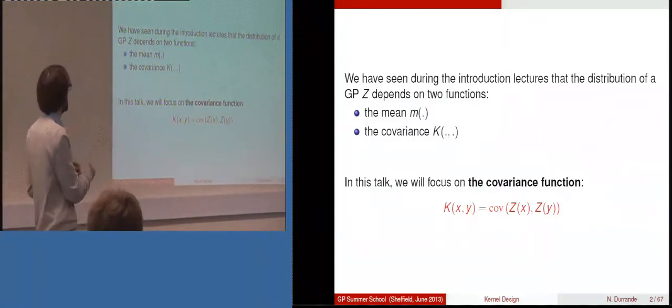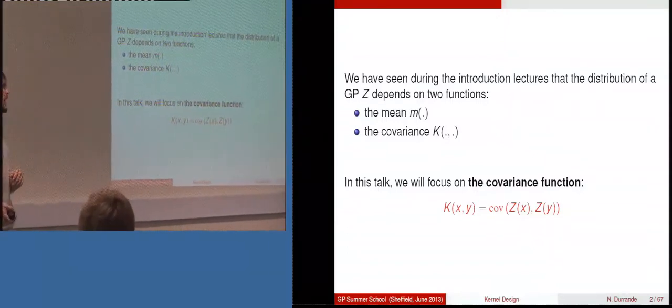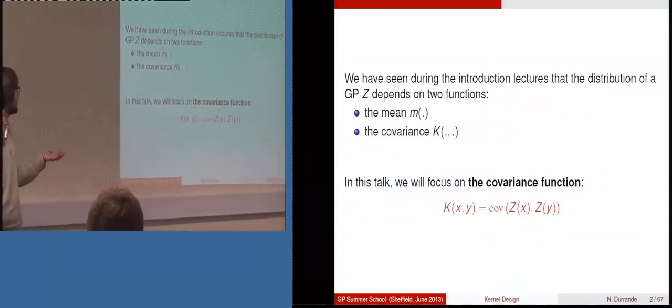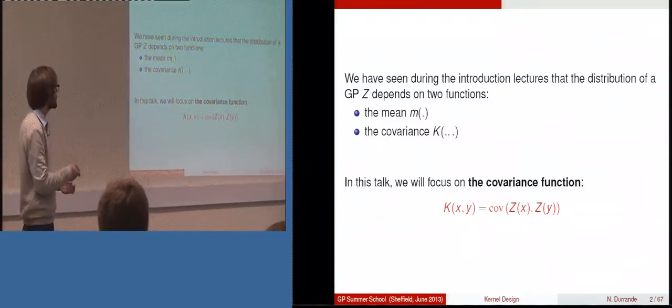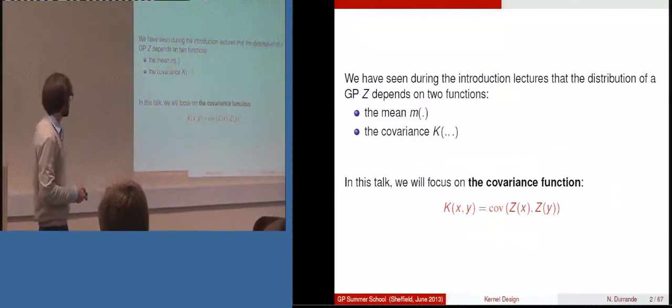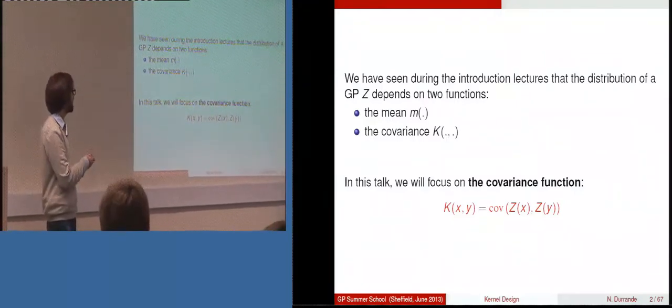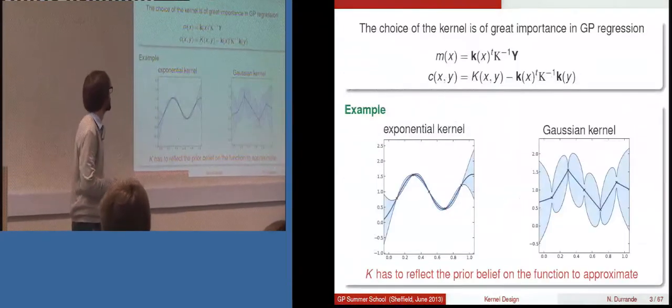So there's the mean and there's the covariance, or the kernel, it has many names, but I will talk about covariance and kernel in a way that the words mean the same to me. So it's on this object that I will focus during my talk.